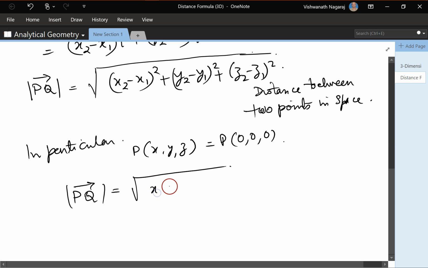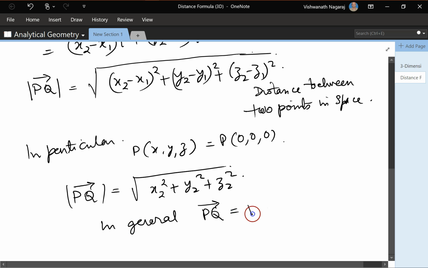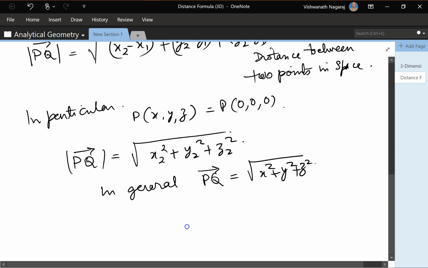So you will end up with square root of x2 square plus y2 square plus z2 square, or in general PQ would be square root of x square plus y square plus z square, and this is what we had seen earlier.